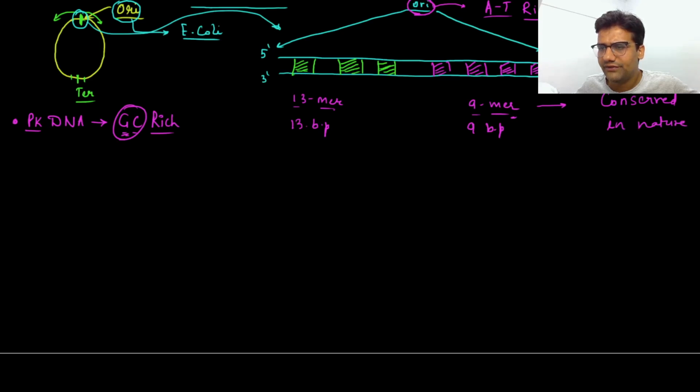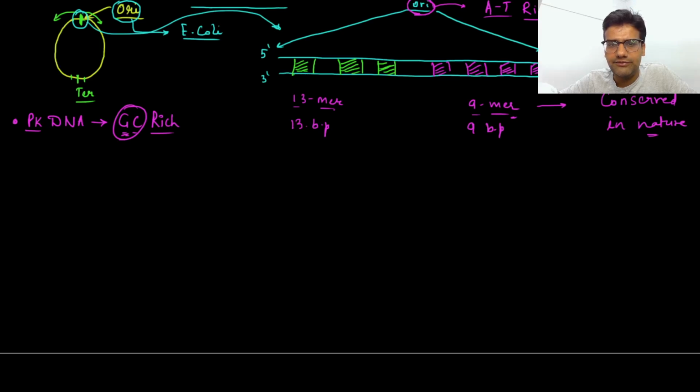What do you mean by conserved in nature? Conserved in nature means these 13 base pair sequences or these 9 base pair sequences will not be present anywhere else on the DNA. These 13 base pair sequences are conserved.